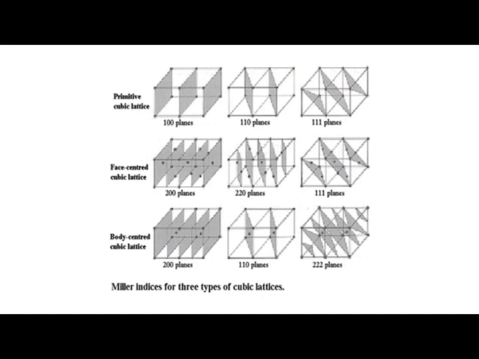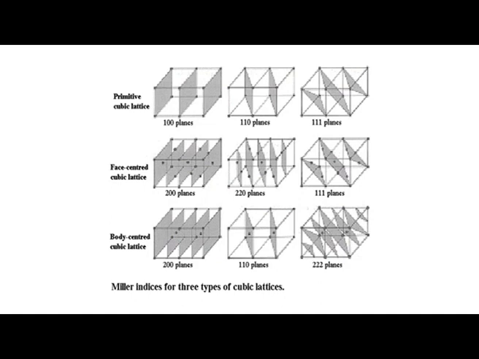A simple cubic lattice has atoms only at the corners. As you can see in the figure, I have plotted the typical planes of a simple cubic lattice. The 1 0 0 planes, which we defined earlier in one of the episodes, touch all the atoms in the corners.